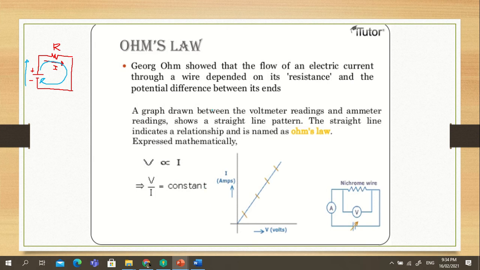A graph drawn between the voltmeter readings and ammeter readings shows a straight line pattern. The straight line indicates a relationship and is named Ohm's law. The assumption here is that the temperature is constant. So you will have this linear graph, with the voltage on the horizontal axis and the current on the vertical axis.